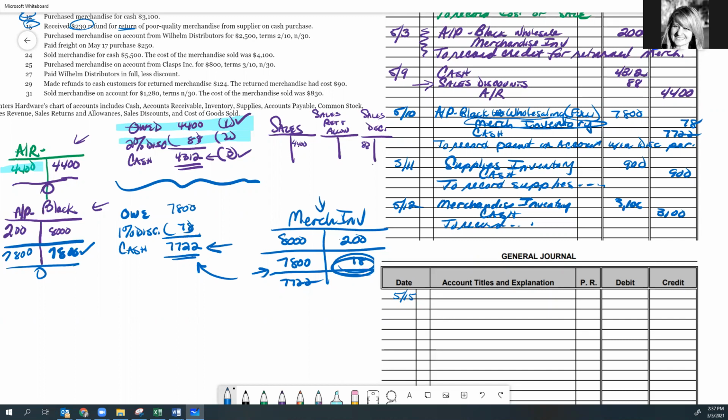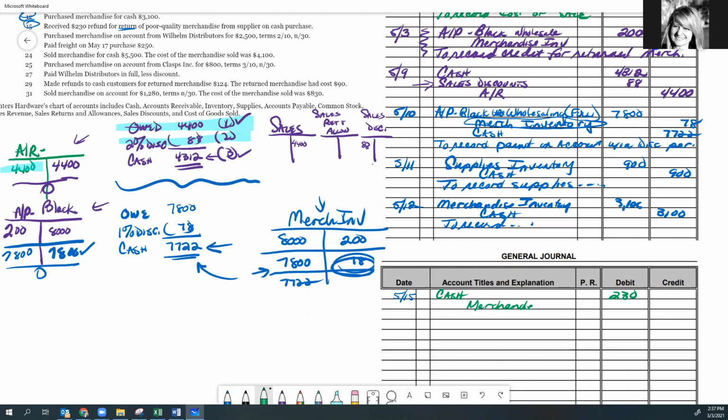So if we received cash, we're going to debit our cash. I'm going to use a different pen because I'm not crazy about that blue. Okay, we're going to debit cash for $230 and credit. So now we have cash that we didn't have before. And we also sent back the merchandise inventory.